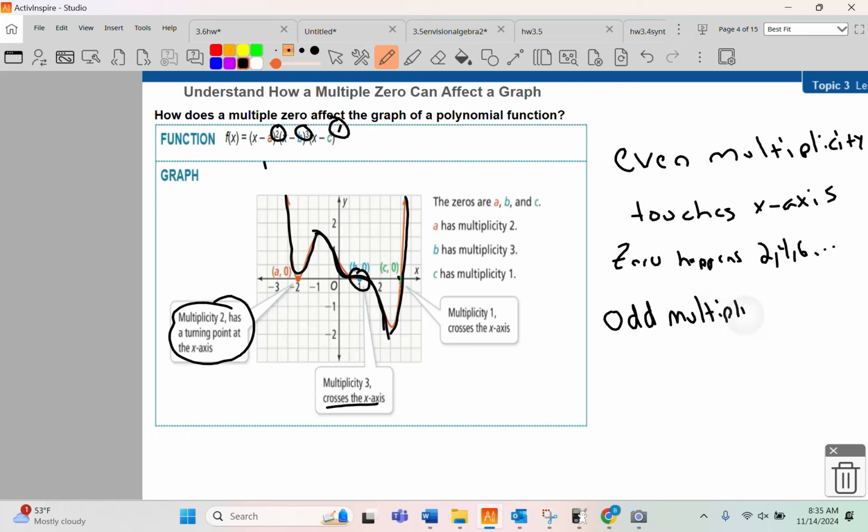Crosses the x-axis. And since it's odd, that means the zero happens an odd number of times. The zero happens 1, 3, 5 times. It's an odd multiplicity.